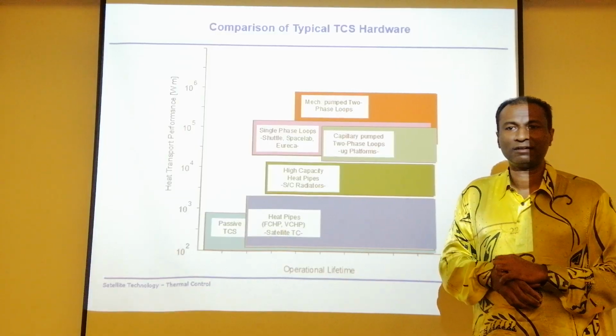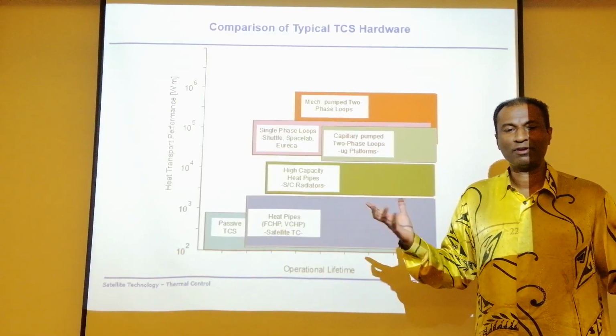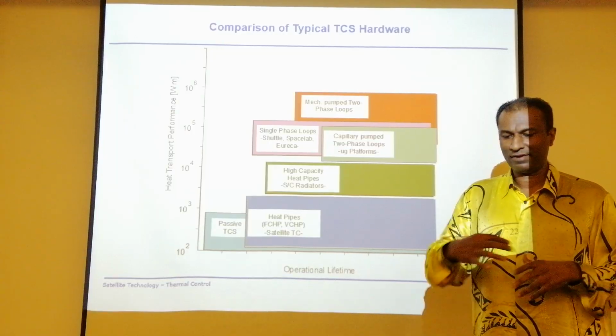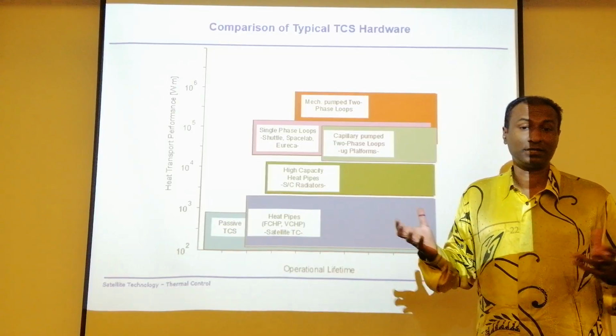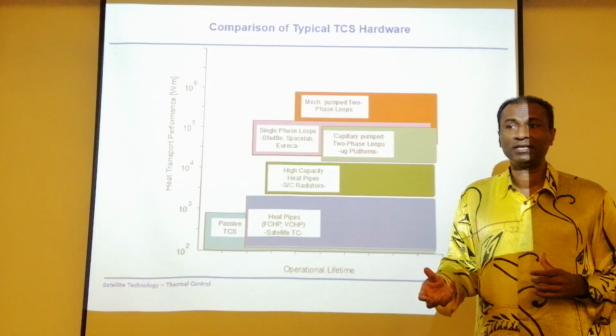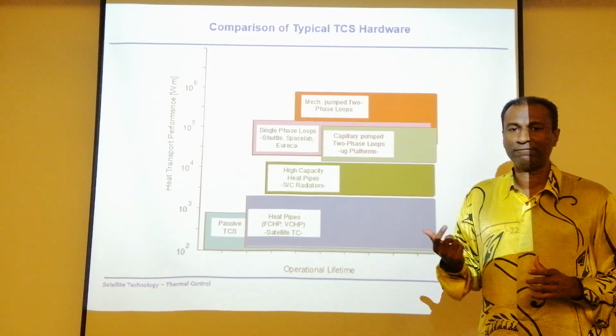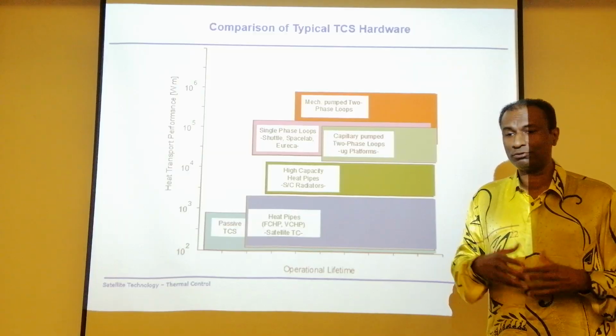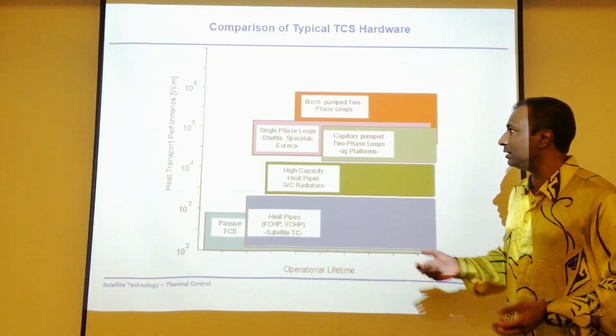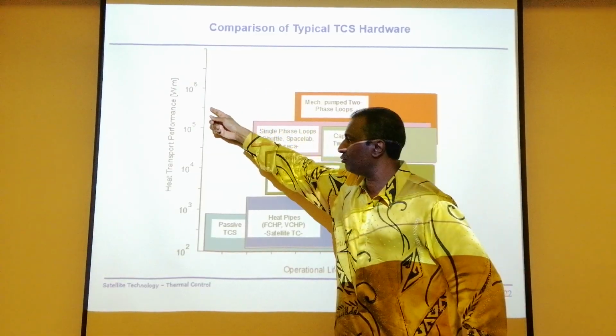Just imagine in your car, you have a radiator, a fluid cooling system, and a water pump which pumps the liquid to create a flow. So if you have a pump, it's going to be very fast in terms of cooling. Very good performance.